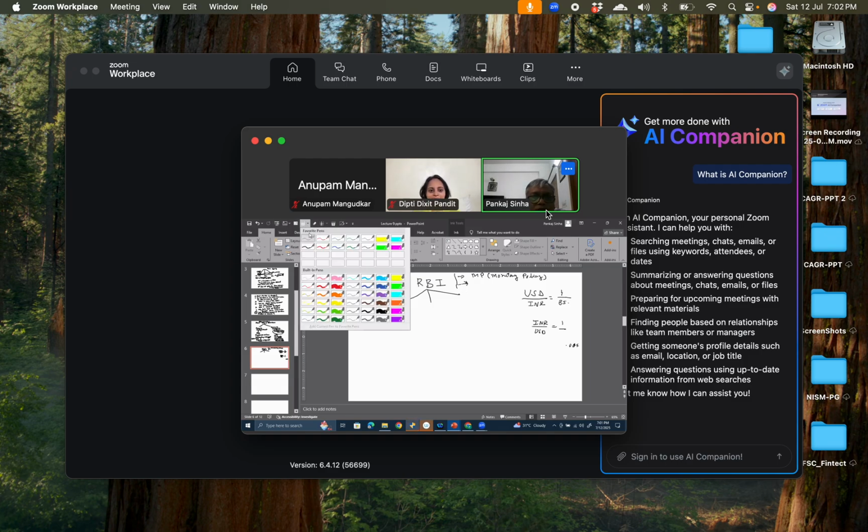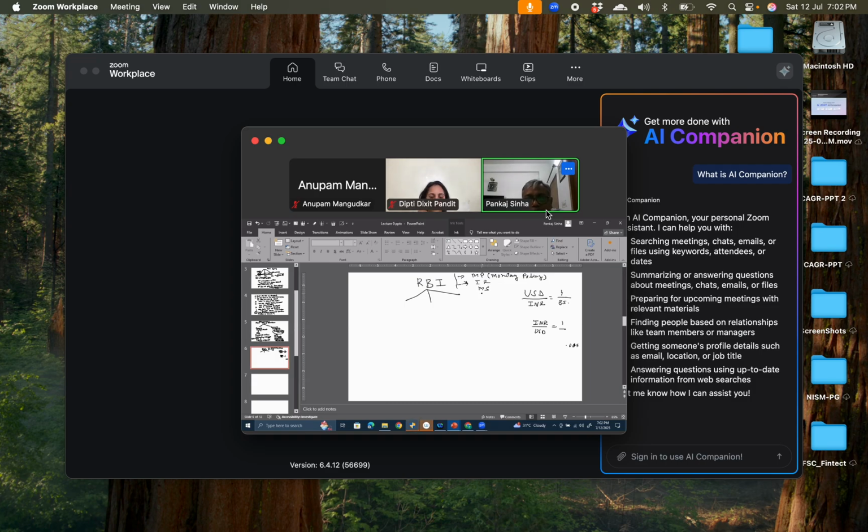What is the job of this thing? So obviously they control the interest rate, they control the money supply by changing interest rate, and they control the exchange rate, and they can also print notes to increase the money supply.